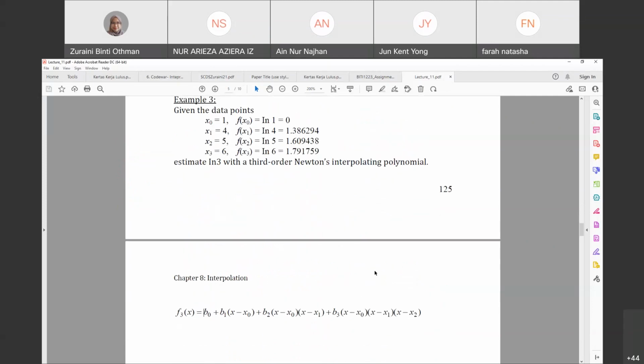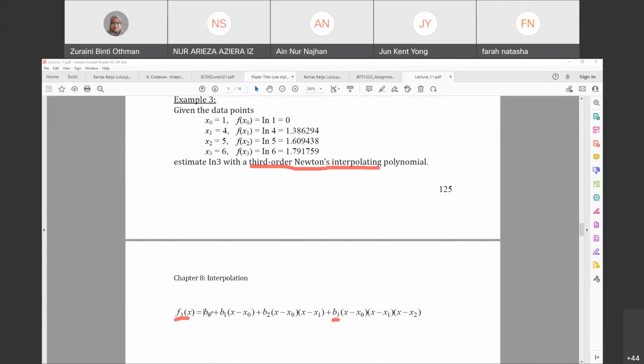Okay, first yang tadi tu apa yang kita kena tahu mula-mula ialah kita kena tahu soalan dia. Soalan dia nak apa? And from the question, they ask you about third order Newton interpolating polynomial. When they ask you about third order Newton interpolating polynomial, you have to know how to build this F3. Okay, remember from the beginning of this class just now, I teach you the F3, we have until B3, right?